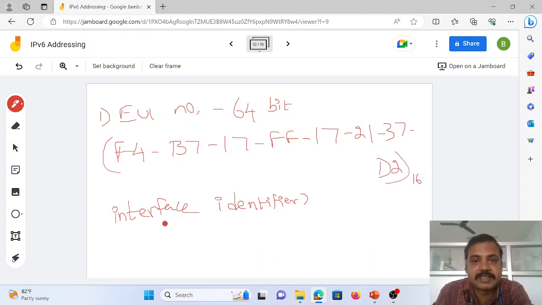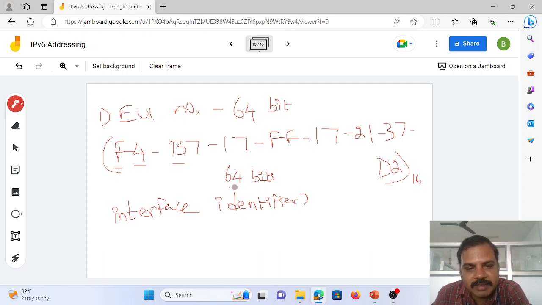Always the seventh bit will be 0, and we have to change it to 1. Where to find the seventh bit? We know a hexadecimal digit takes 4 bits. So this F takes 4 bits, this 4 takes 4 bits, this B takes 4 bits, and 7 takes 4 bits. Counting up to D2, it totals 64 bits.